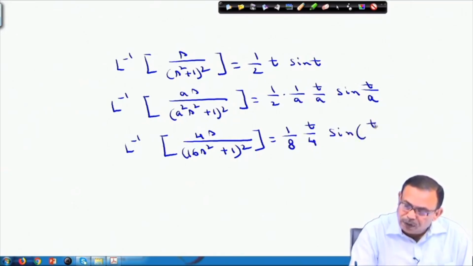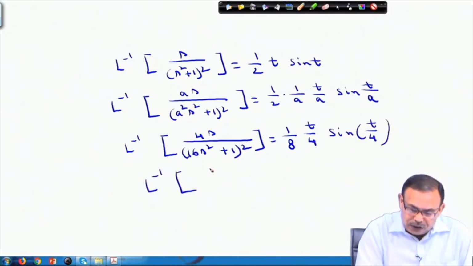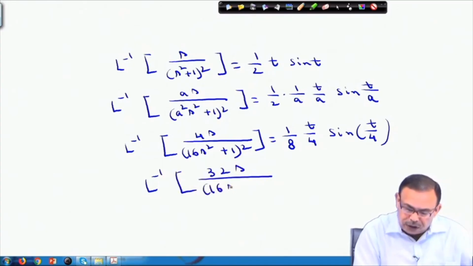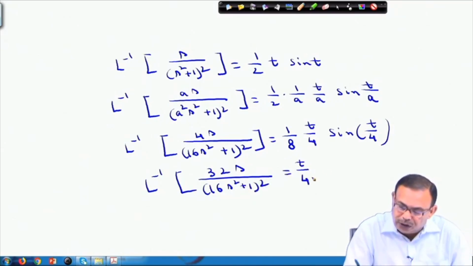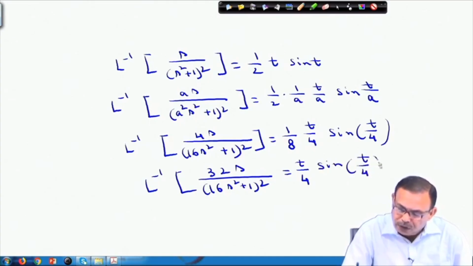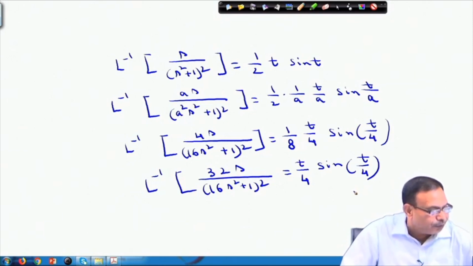This 8 if I bring it here, I will obtain the Laplace inverse of 32 s by (16 s square plus 1) whole square is equal to 1 by 8 has gone over there, so that it becomes t by 4 sin of t by 4. So, this completes the problem over here.